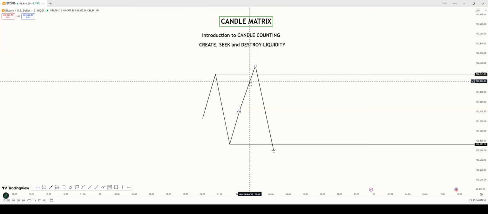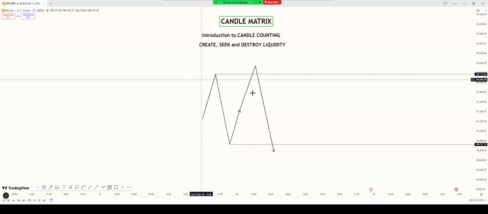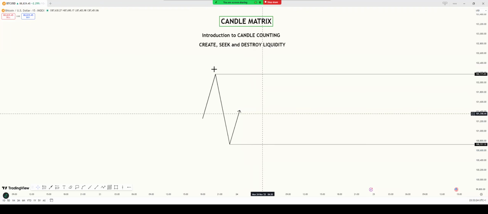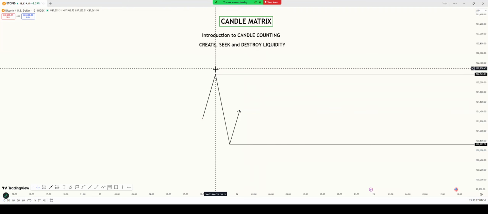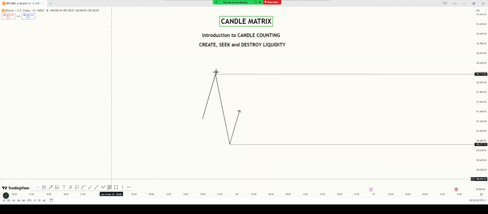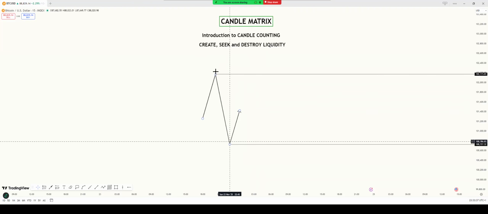Now, using this information about ranges, I would like to state that the way I identify my range is when I have a significant BSL and its relative SSL that is also significant. I assume that that becomes my range, my range high and my range low. We can call this a dealing range, because that is the range that is currently important to price.